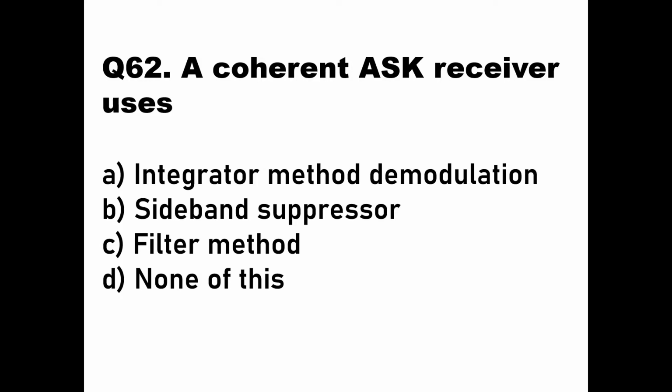In non-coherent we use a filter, whereas in coherent we use the integrator method, because we have to integrate the input value with the frequency which is produced at the local receiver, so that the synchronization between transmitter and receiver takes place. The transmitter and receiver timings are synchronized. So the answer will be answer A, integrator method demodulation.